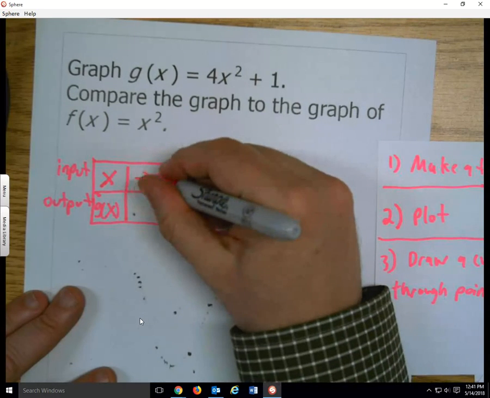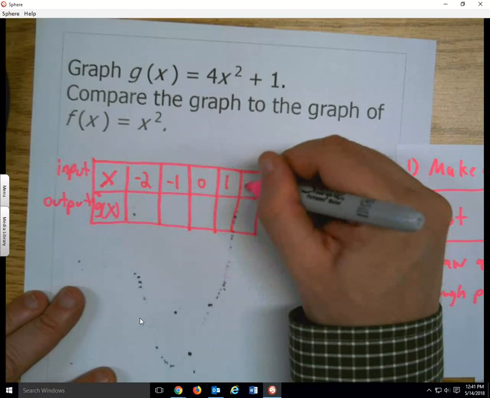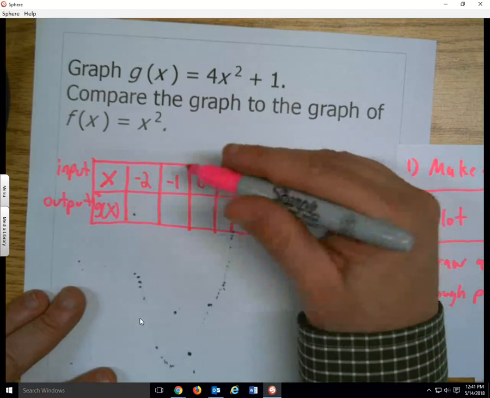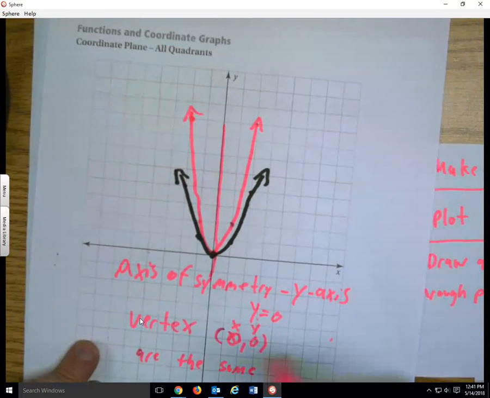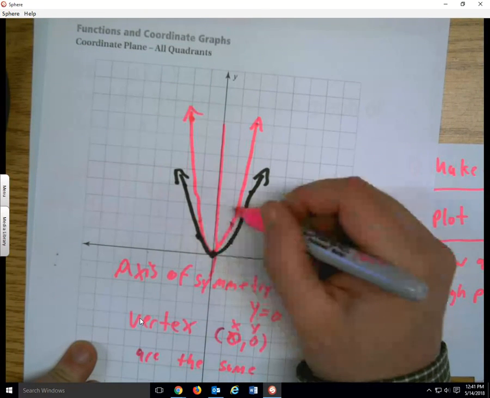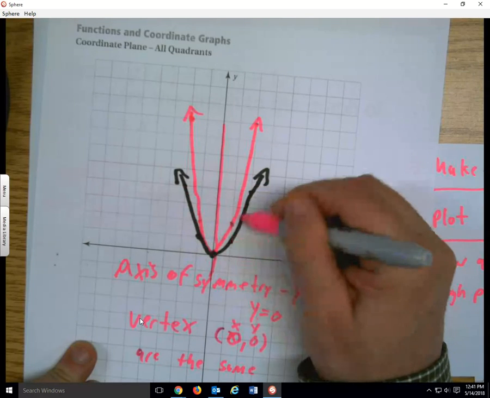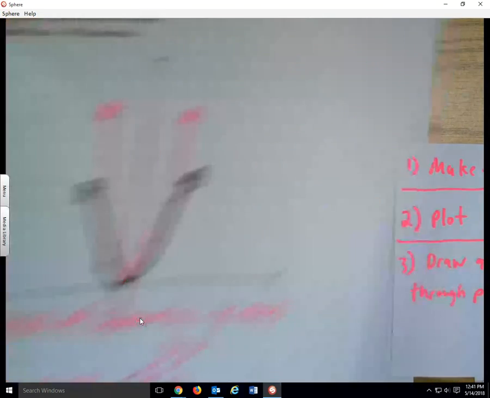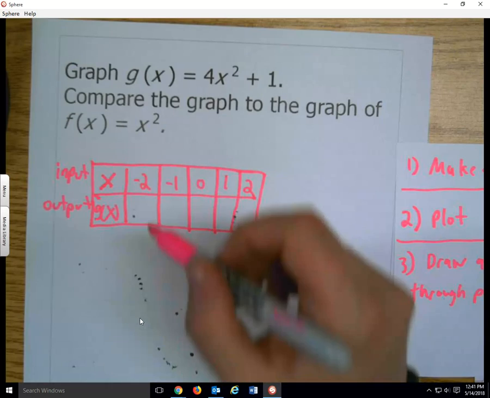So I'm going to go with -2, -1, 0, 1, and 2. These numbers are really nice because with the parent function, which we did last class, you ended up getting numbers on both sides of the y-axis. When you do negative numbers for x, you can see almost a reflection, a mirror of it. It's symmetric on both sides. Okay, let's go ahead and substitute these in then.